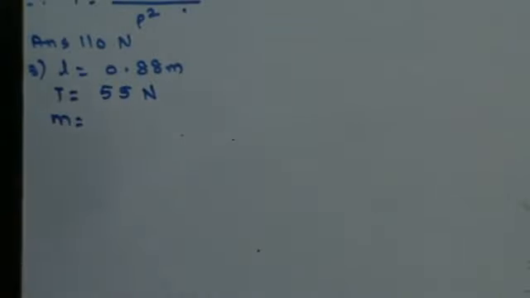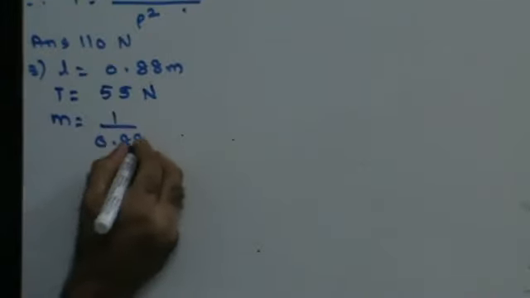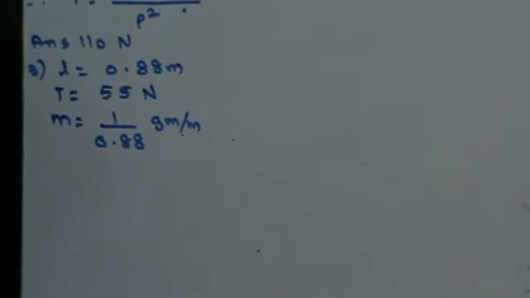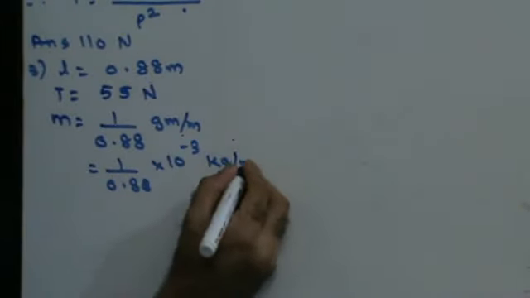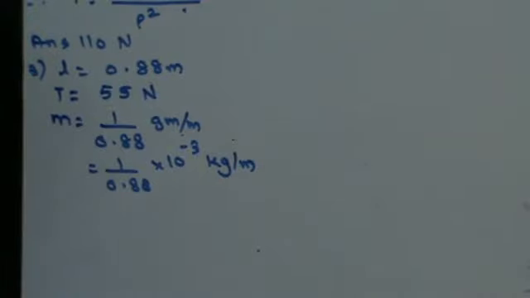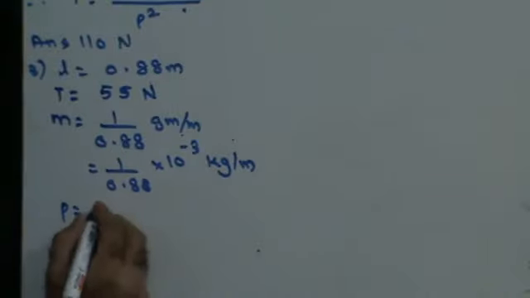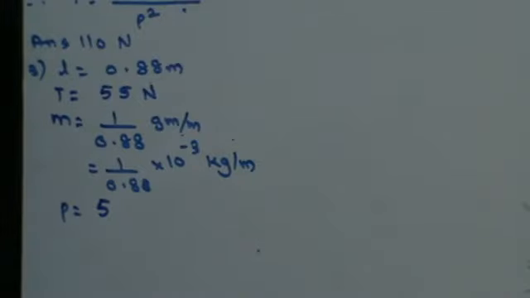The mass of the string is 1 gram. Calculate the frequency of vibration if the string vibrates in 5 segments.